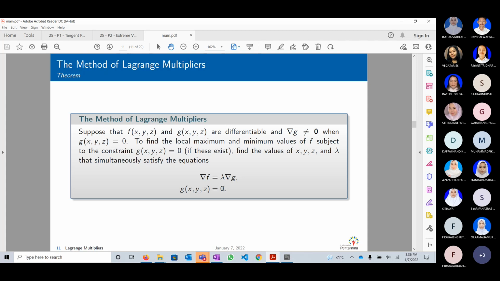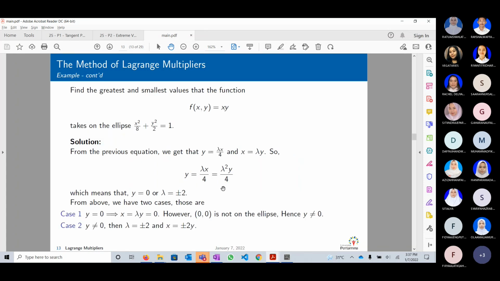Kemudian kita selesaikan persamaan tersebut untuk X, Y, Z dan semua pengali Lagrange-nya. Kalau pengali Lagrange-nya ada 1, misalkan lambda, berarti kita harus cari solusi yang memenuhi kedua persamaan ini, di mana X, Y, Z dan lambdanya memenuhi.